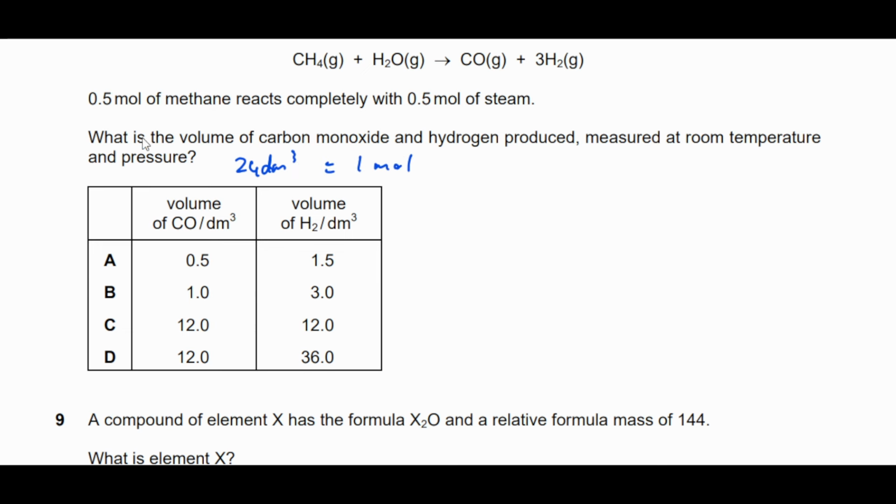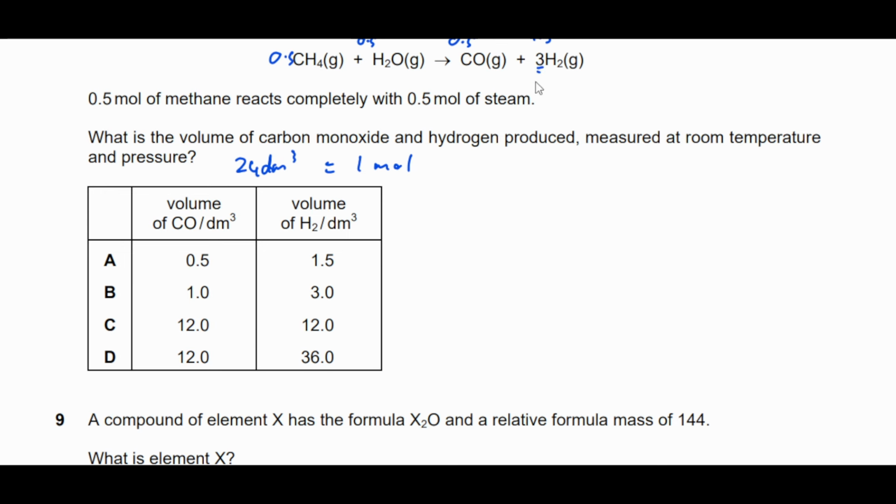In this equation, you're reacting 0.5 moles of methane with 0.5 moles of steam, which is H2O gas. So what volume of carbon monoxide will be produced? Since 0.5 moles is reacting with 0.5 moles, carbon monoxide will also be 0.5 moles. But hydrogen would be 1.5 moles because it's 3 times carbon monoxide.